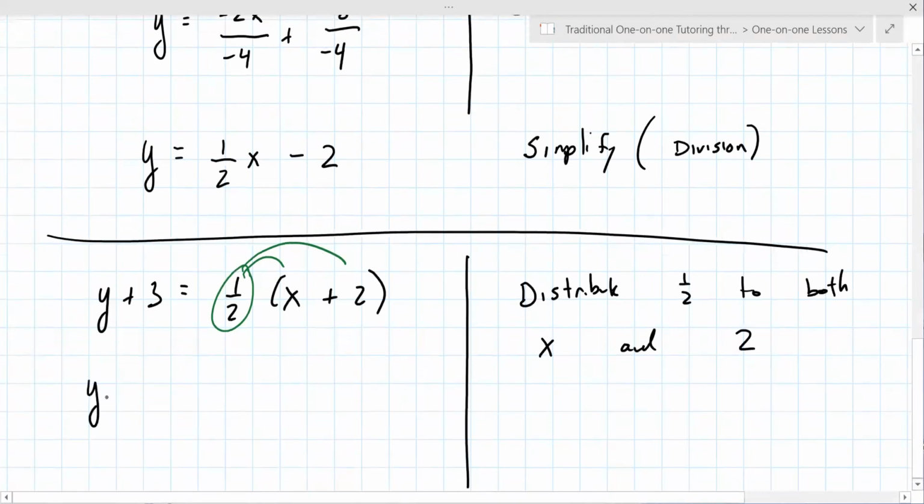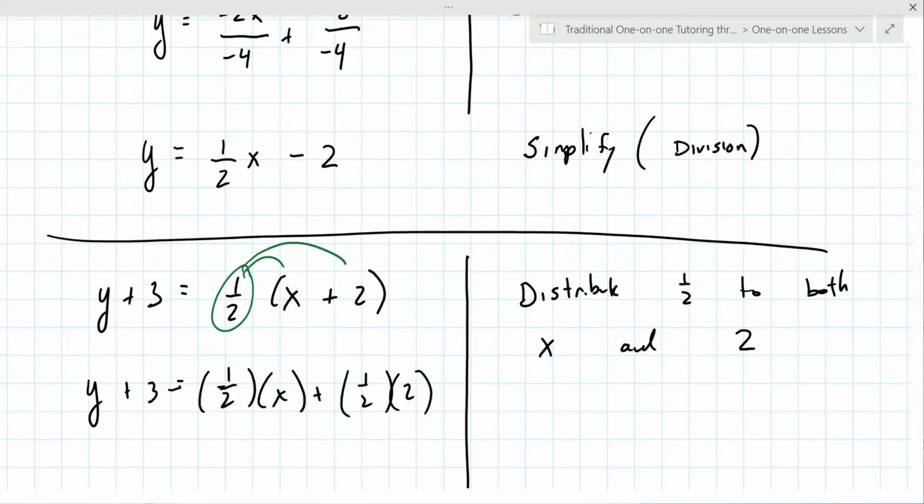So what that looks like: 1/2 times x plus 1/2 times 2. That's what it means to distribute. Okay. All right.